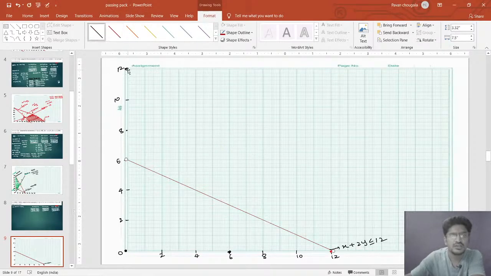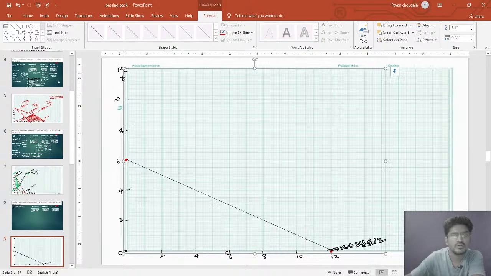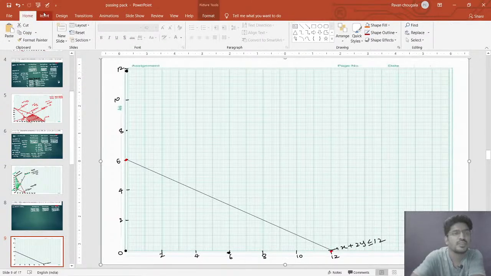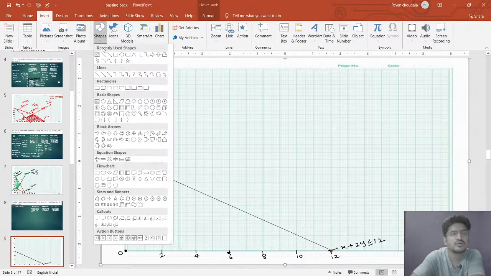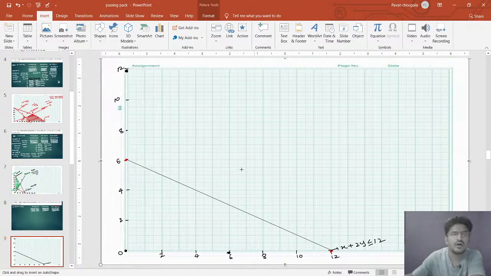Clear? So x is 12. Okay. So this is x is 12, y is 6. Clear?